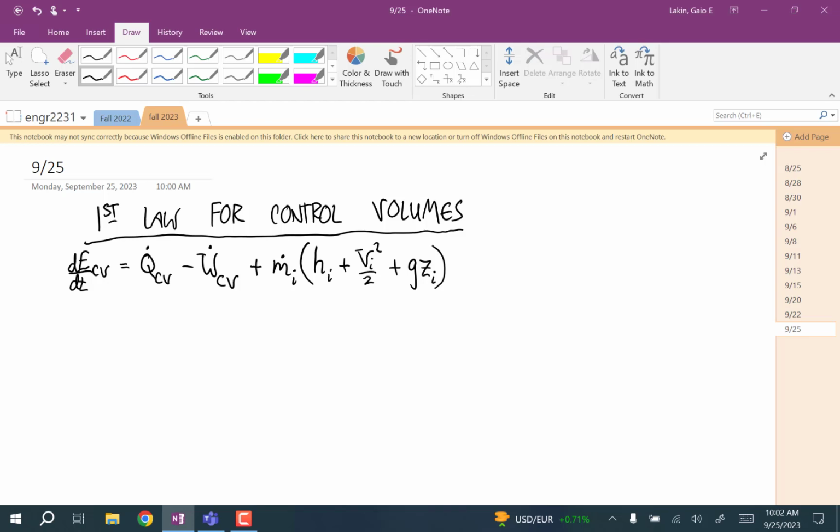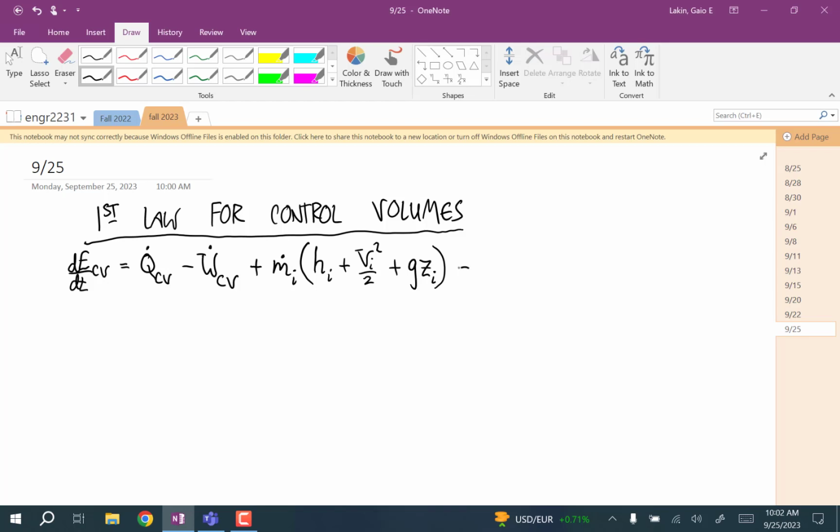And remember last time I went through that derivation to show where we get that enthalpy from, and it's just a combination of things that end up being convenient to group together. That specific enthalpy is equal to the specific internal energy plus the pressure times the specific volume.